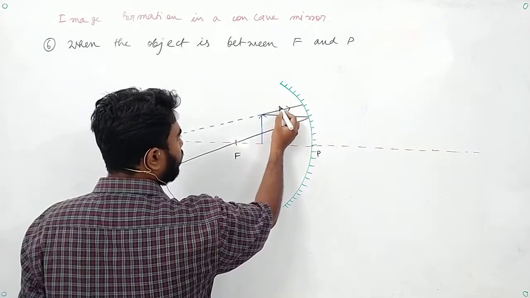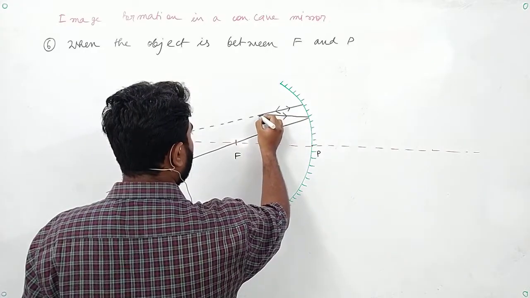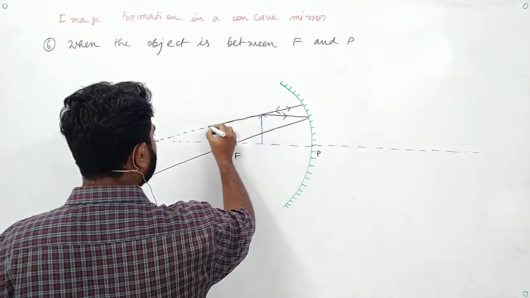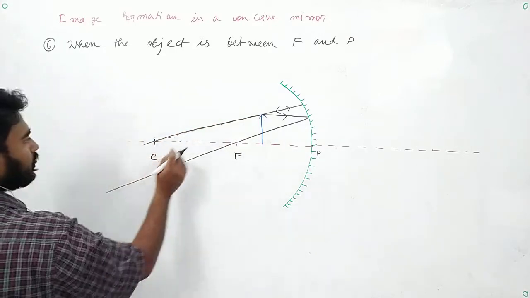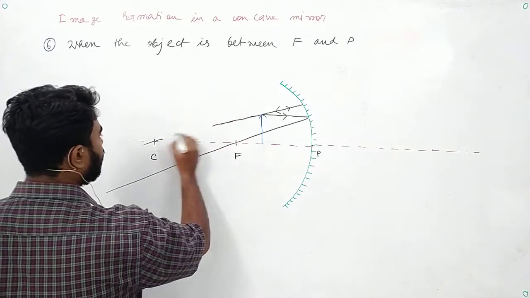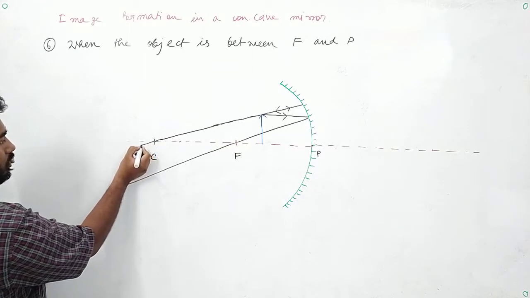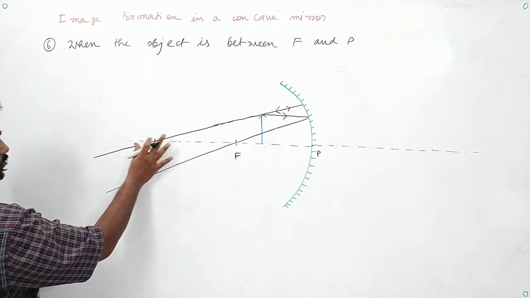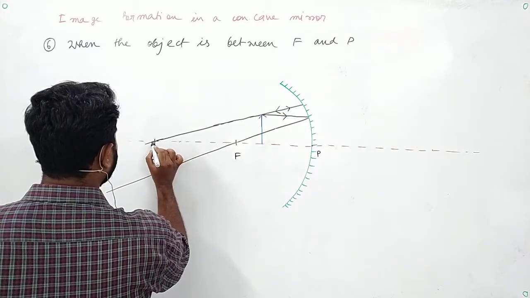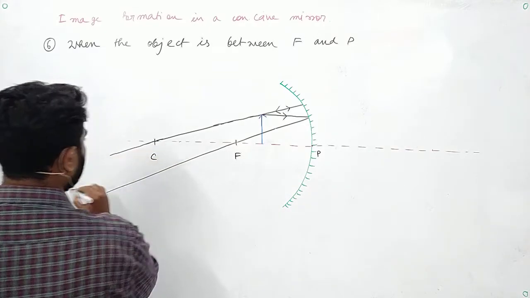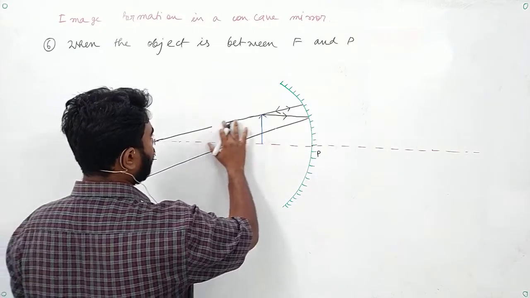Now after reflection, it will retrace the path, and after retracing the path, it will move back passing through the center of curvature. Okay.